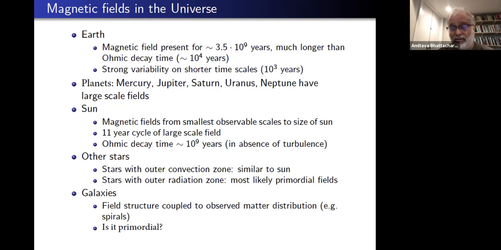And without a convection zone, it's really hard to make the case for a dynamo. Many of these stars, if they have magnetic fields, were most likely primordial. And this goes back to a question that was just asked during the break about the mechanisms that enable the amplification of the magnetic field. But it must have started from a seed.